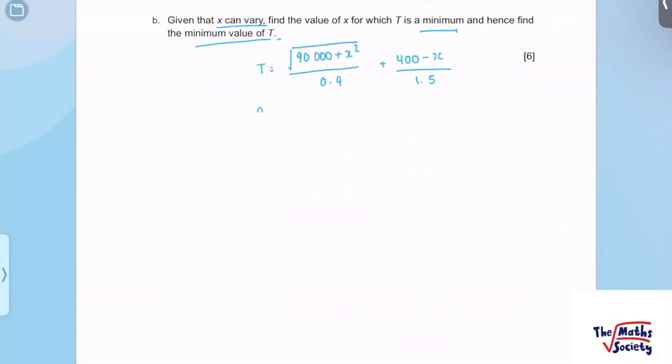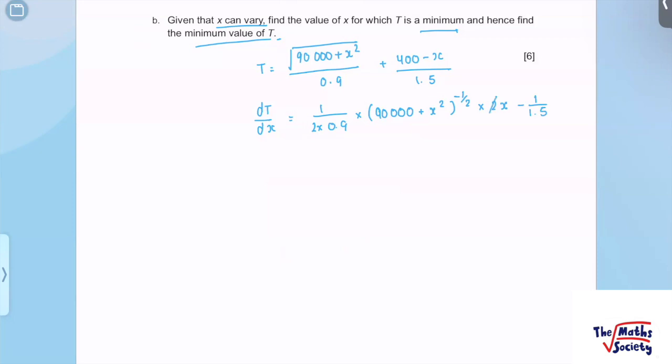So that's going to be dT by dx. So that's 1 by 2 multiplied by 0.9, multiplied by 90,000 plus x squared to the power minus half, multiplied by 2x, minus 1 by 1.5.